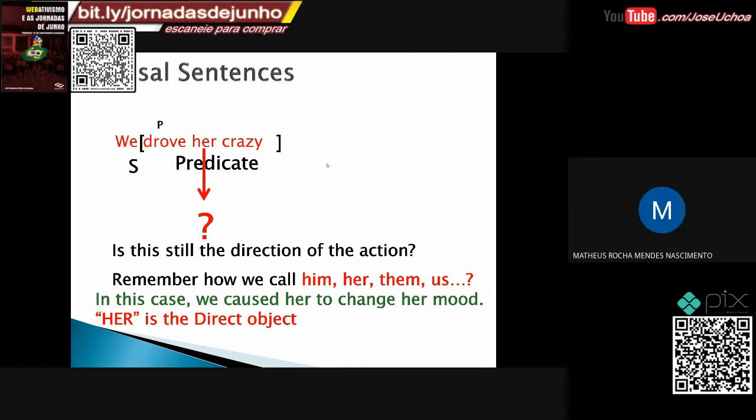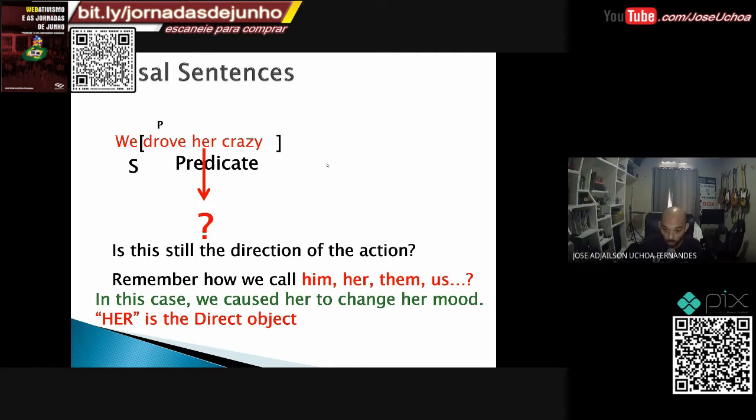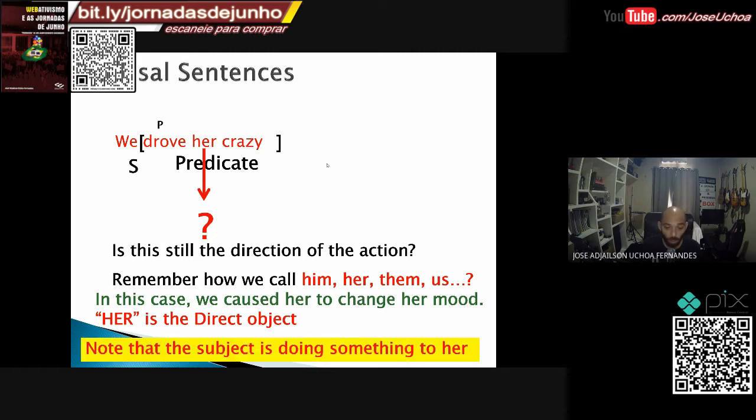Crazy is her state of being. It's an adjective that's describing her state of being. So it's referring back to her. Okay? So crazy is a predicative complement, but now it is object oriented.